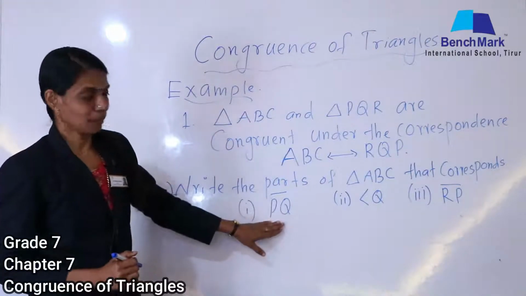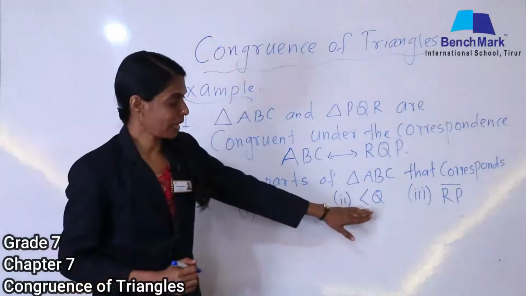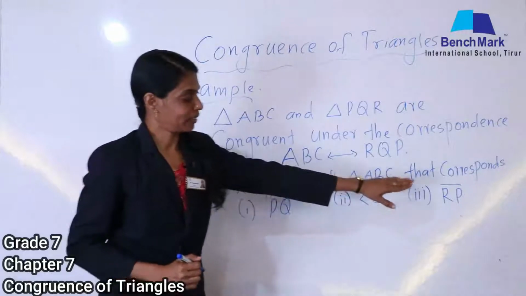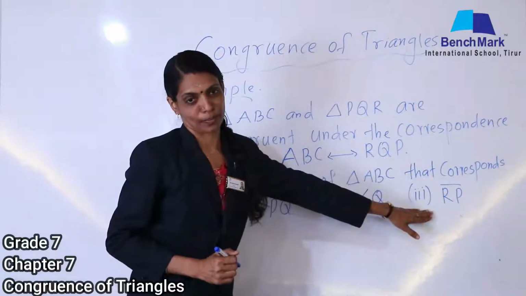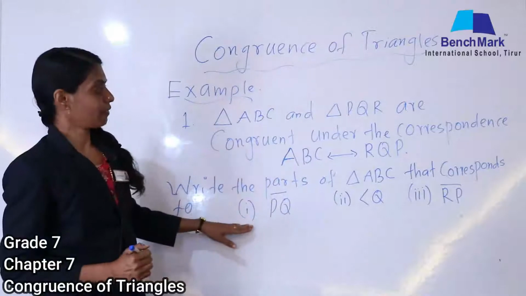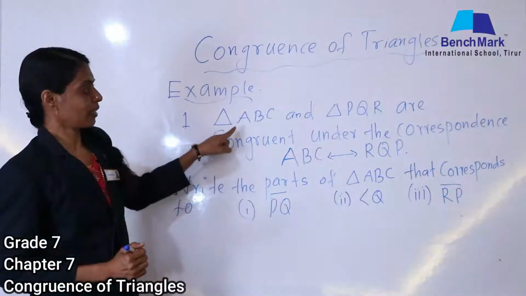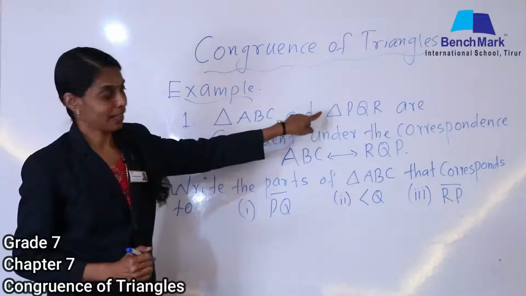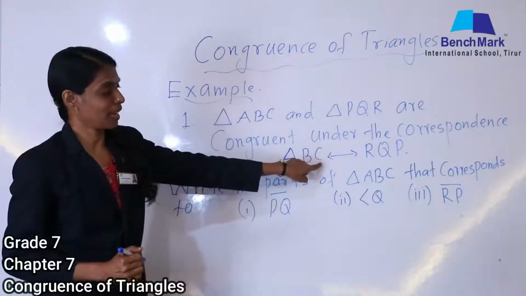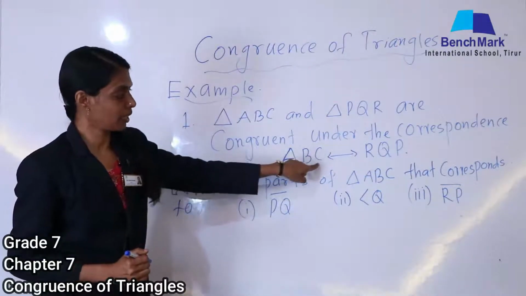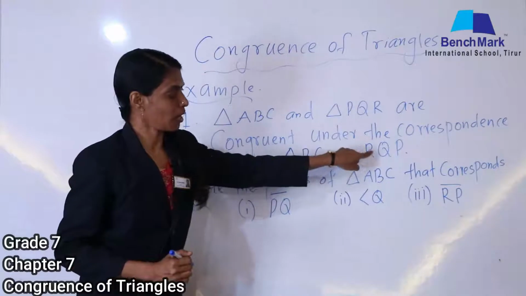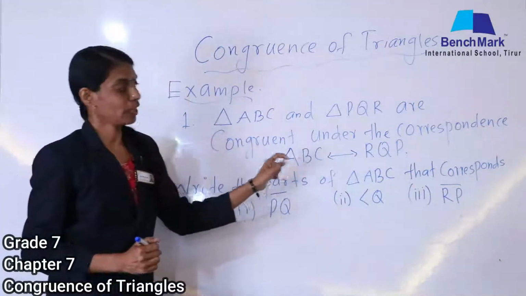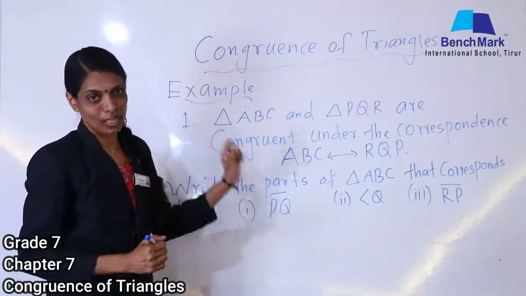This is side PQ. Second one is angle Q, and the third is side RP. So, when we have the question here, it is given that there are two triangles and the triangles' correspondence is like this, ABC corresponding to RQP. The order of the vertices is very important.